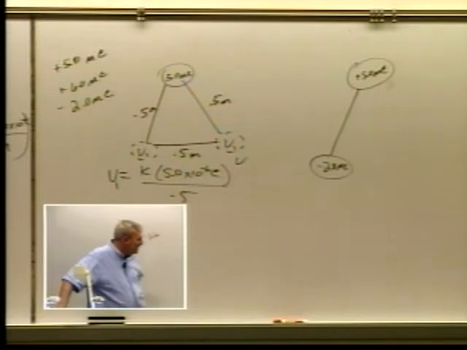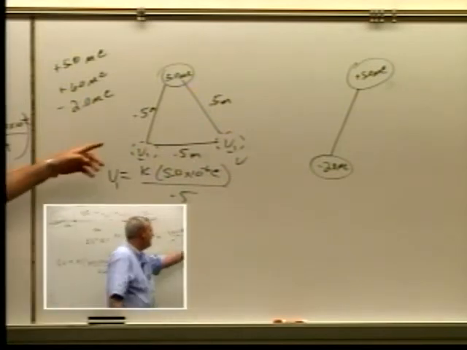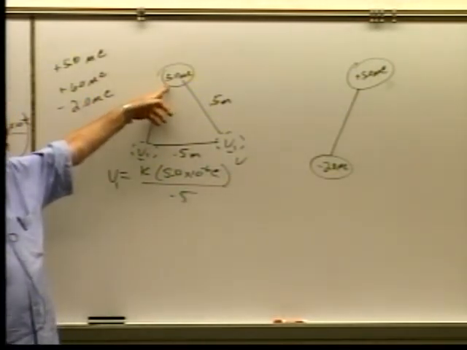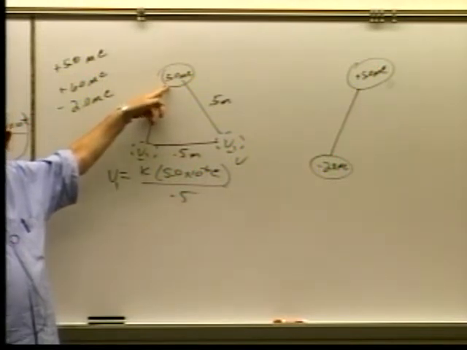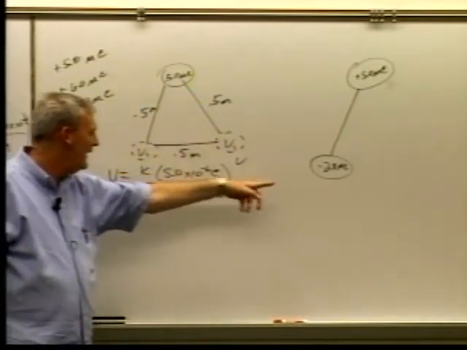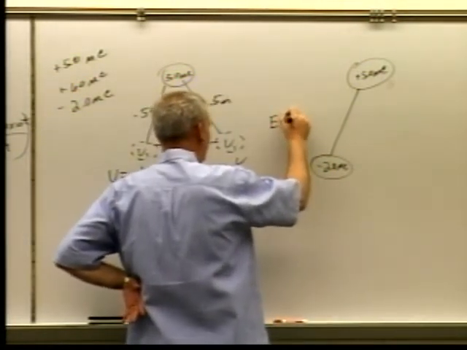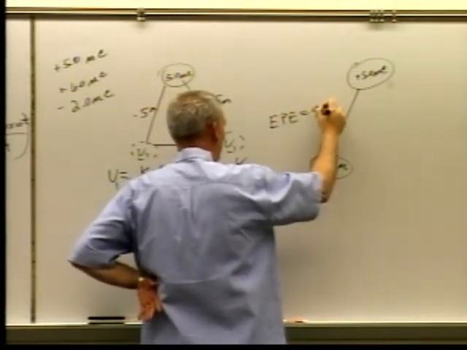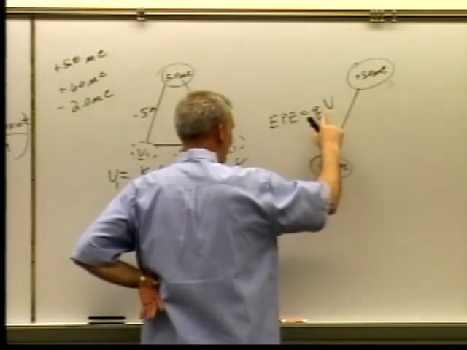Actually, that little negative 2 coulomb charge lost energy because he's going, ooh, positive charge, I'm going to run towards him. So he's running downhill just like the ball does, so he loses electric potential energy. Here's how it works. He's going to lose QV.